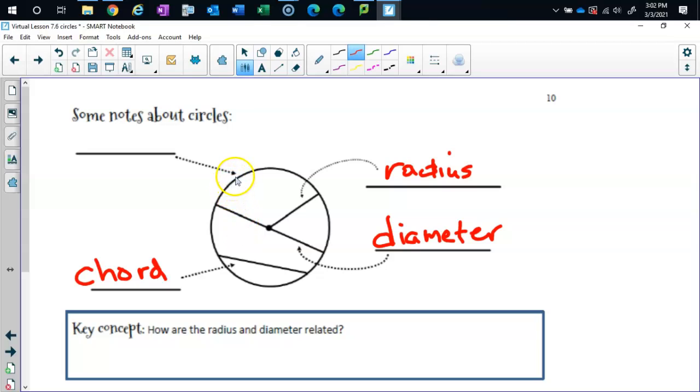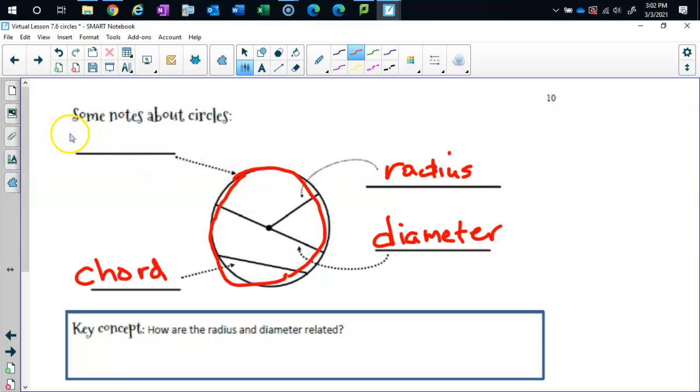Now, here's a different one, okay? See, this is pointing to the edge of the circle, going the whole way around. When I add up the sides of a polygon, it's called the perimeter. A circle doesn't have a perimeter. Why is that? Because you can't add the sides up.